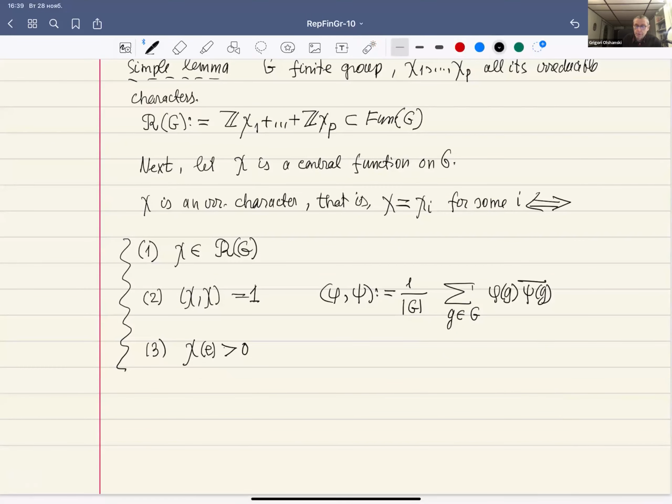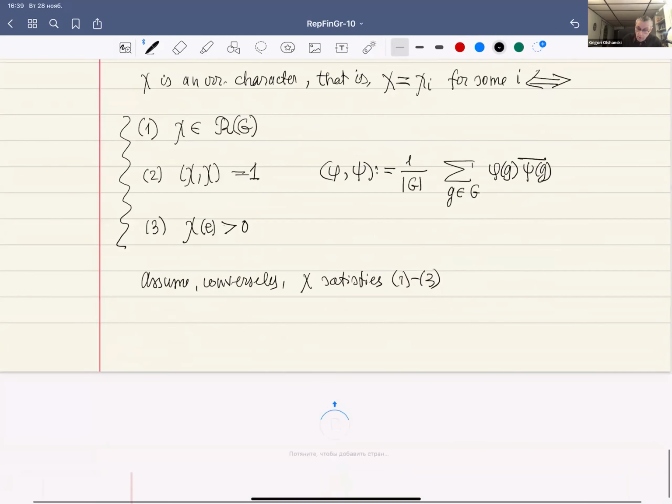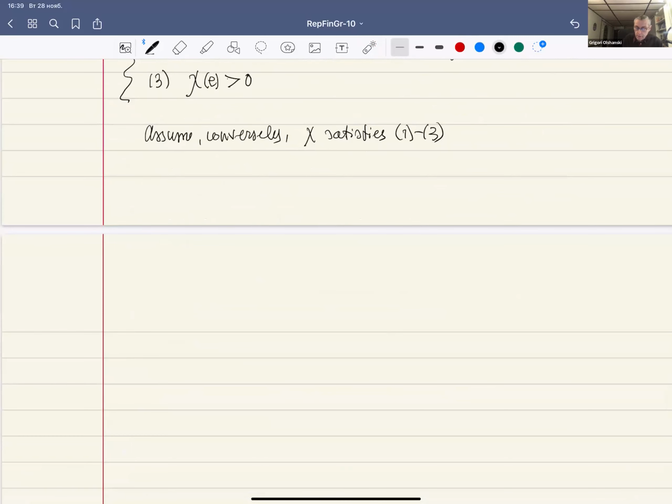So conversely, assume chi satisfies these properties. Why should it be an irreducible character? This is also very easy.